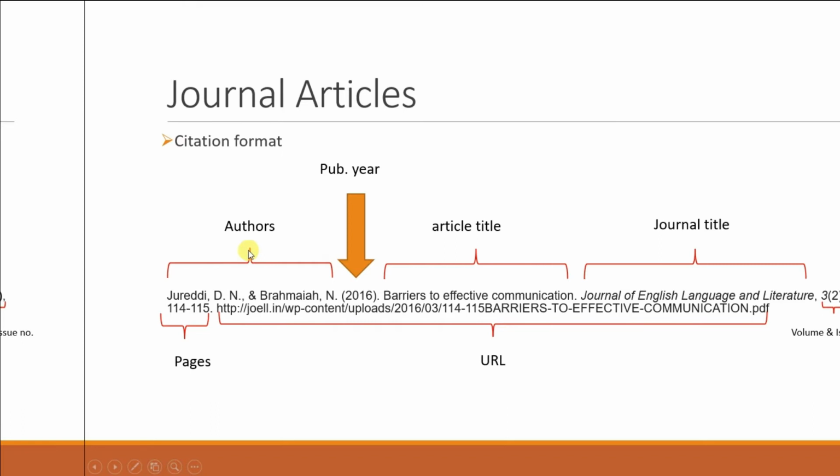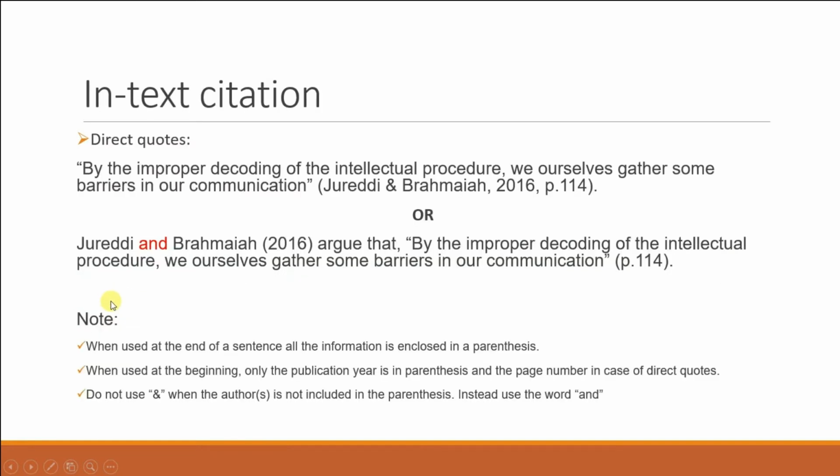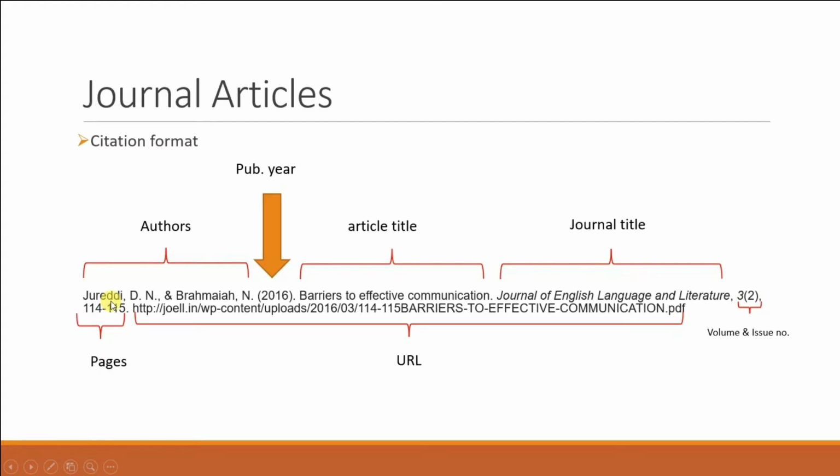So you need to understand the format. Generally in APA, the name of the author in a reference takes the form of the last name of the author, then the other names, which you can write as initials. Like here we have Juredi DN, and as you can see, we have an ampersand here. This is important because I'll explain something later. Then we have Brahmaya N.